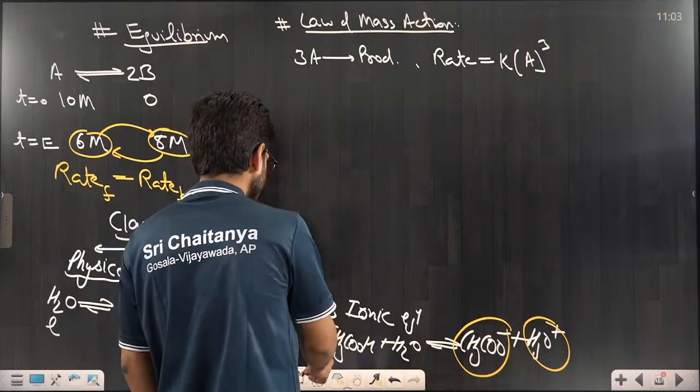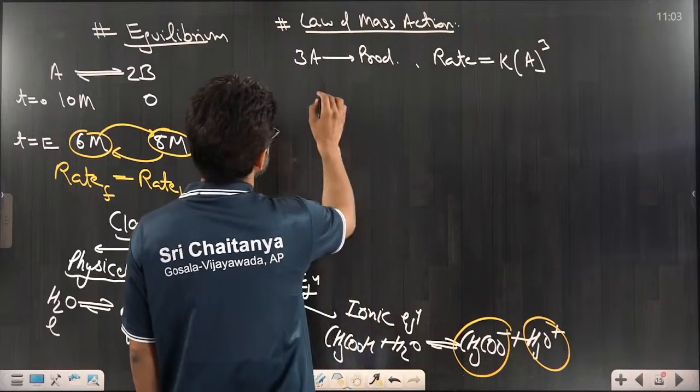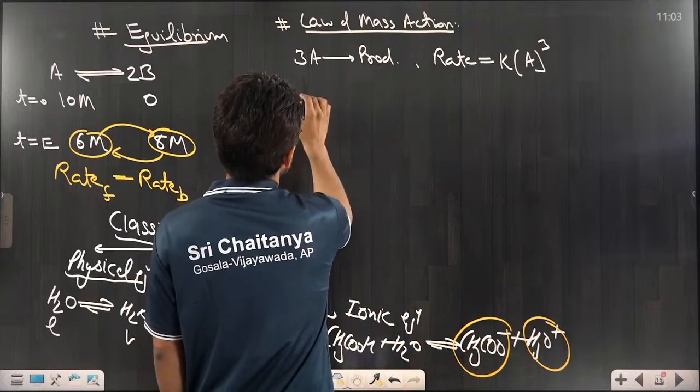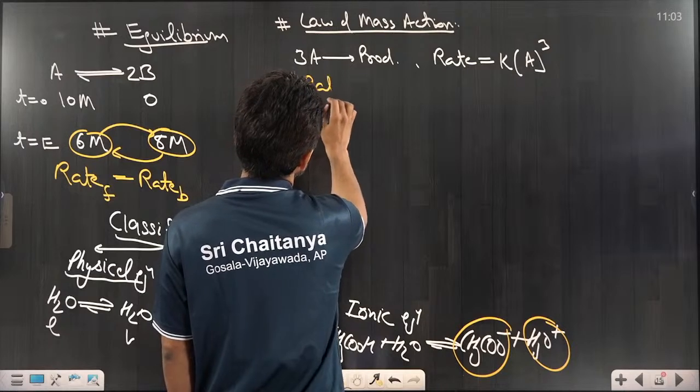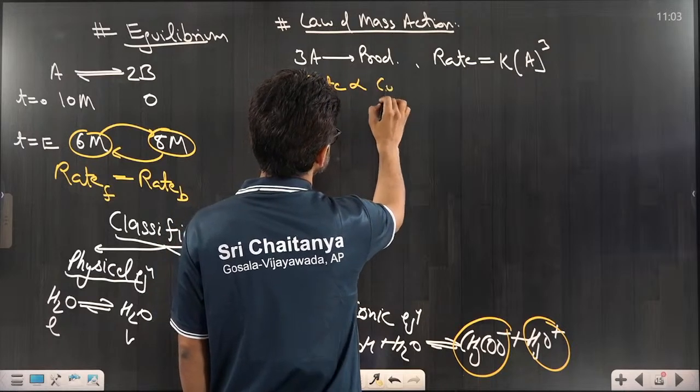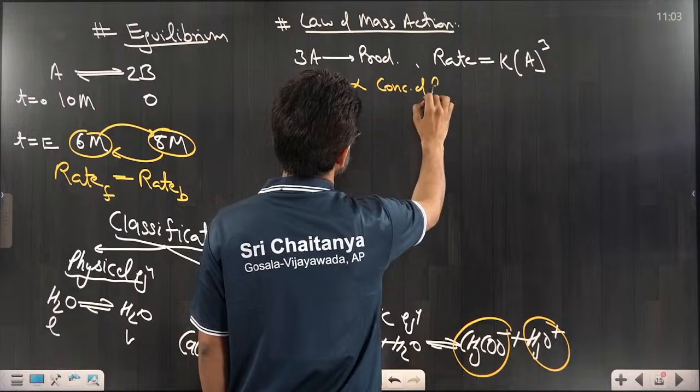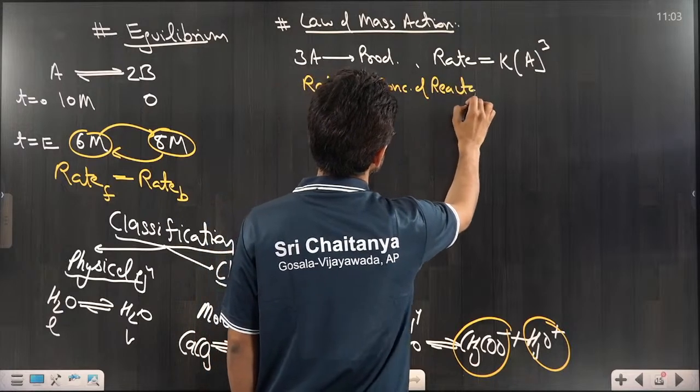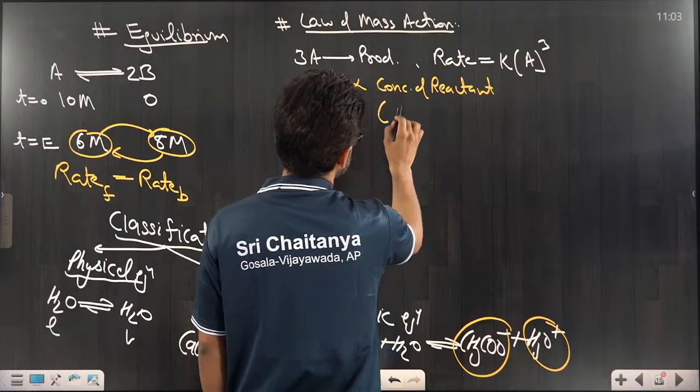And instead of saying concentration, they say active mass. You can say rate will be proportional to the concentration of reactant, or active mass.